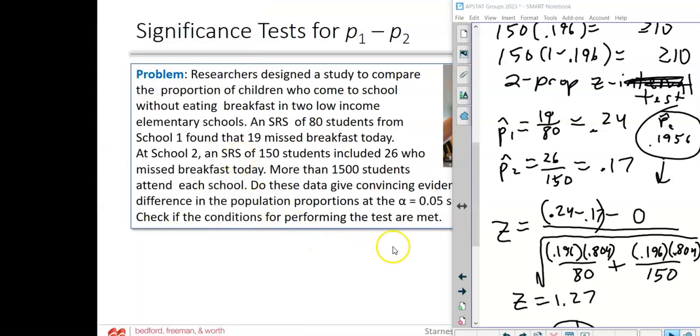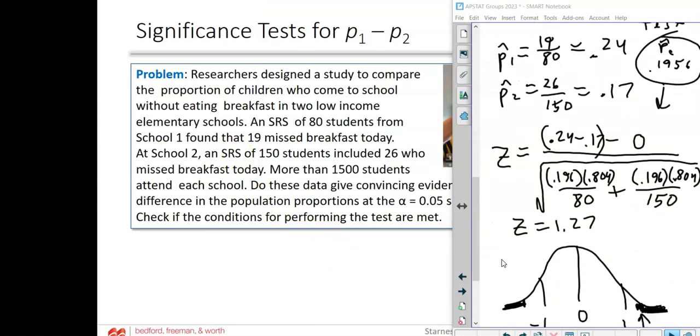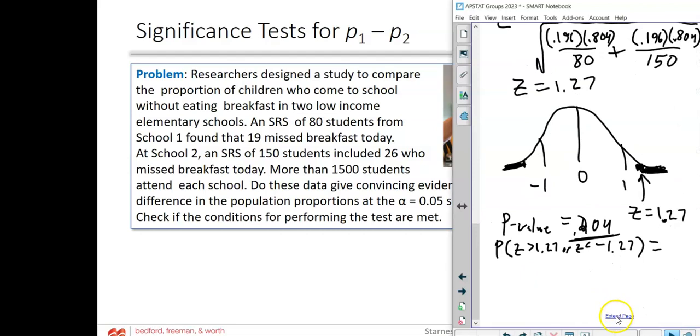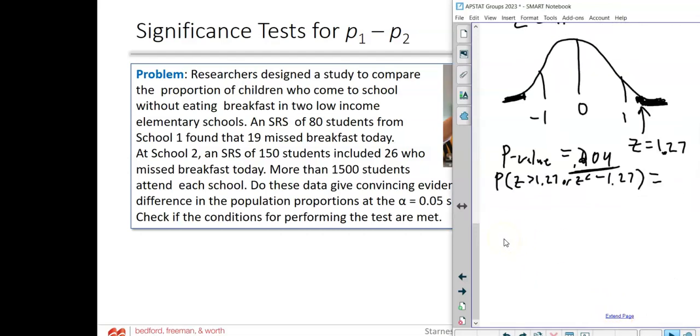Okay. So then the conditions. So we've done norm CDF. At that point, you're really ready to make your conclusion. So you always want to start with, because our p-value was 0.24 or something like that.